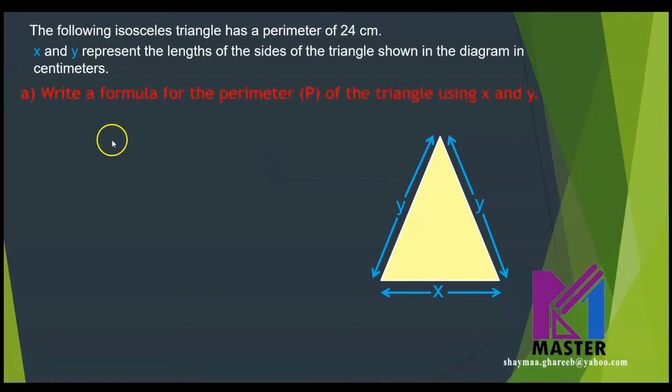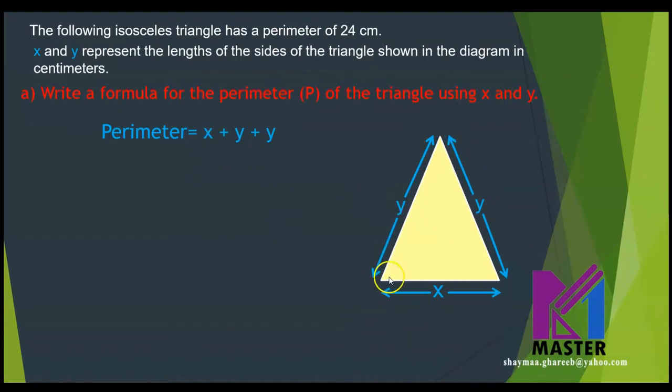So we can write a formula for the perimeter P of the triangle using X and Y. We are going to write a formula, which is a rule to describe the perimeter of this triangle. The perimeter of this triangle is adding all the sides, as we said before.